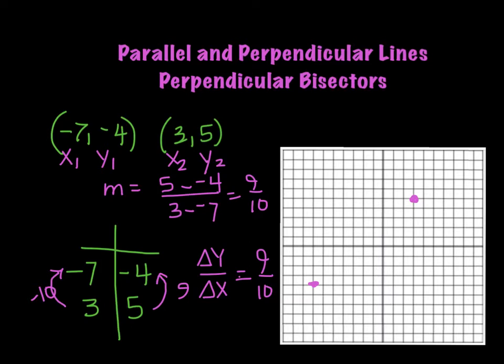And I can create the rise and the run. This would be my rise. This would be my run. So I rise 1, 2, 3, 4, 5, 6, 7, 8, 9. And I run 10. And so my slope here is also 9 over 10. Any of these ways work to find the slope.